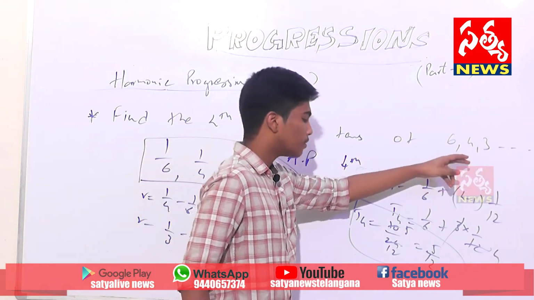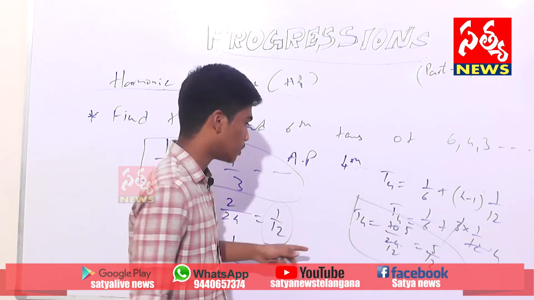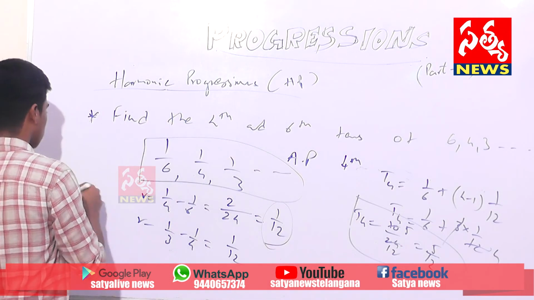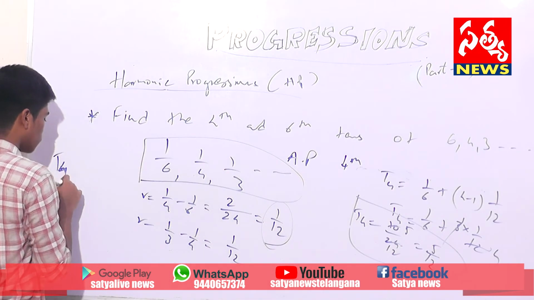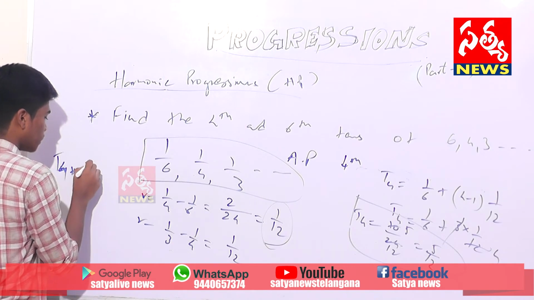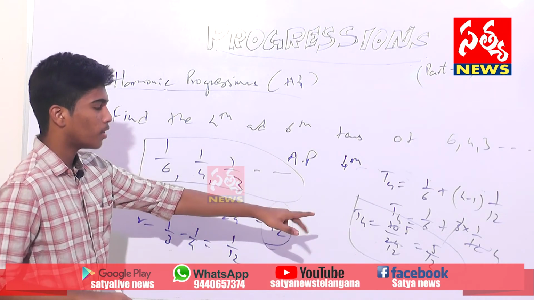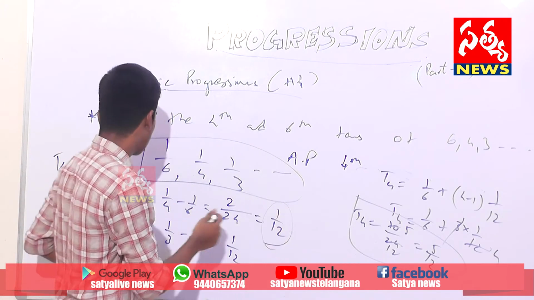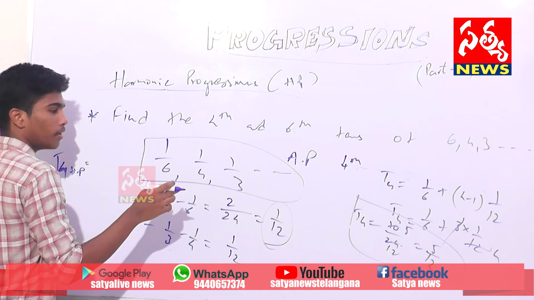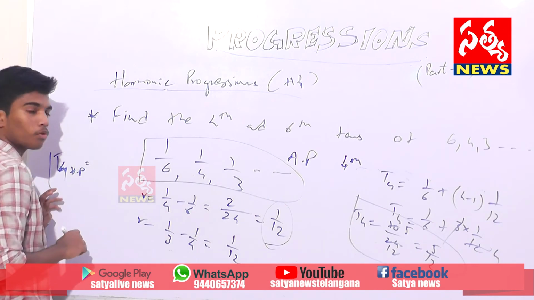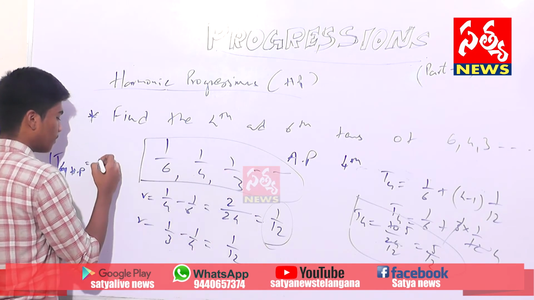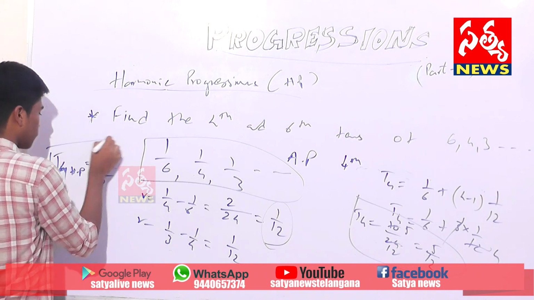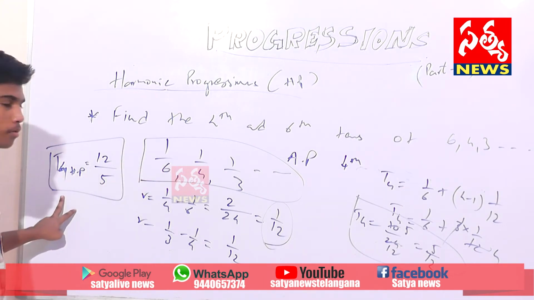To know the value of the HP series, just take the reciprocal of the AP series fourth term. So the fourth term of the HP is the reciprocal of 5 by 12, which is 12 by 5. This is the fourth term.